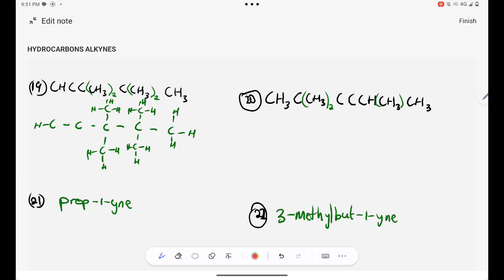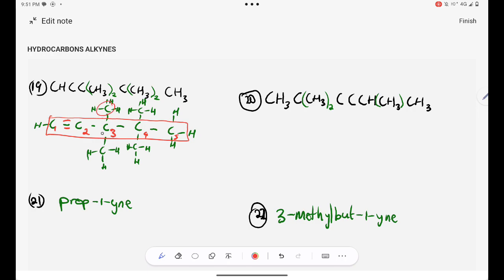Obviously the first 2 carbons are not fully bonded, and I just need to insert the bonds there. So this will be carbon number 1, 2, 3, 4, and 5 together.